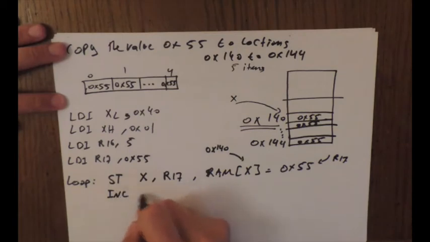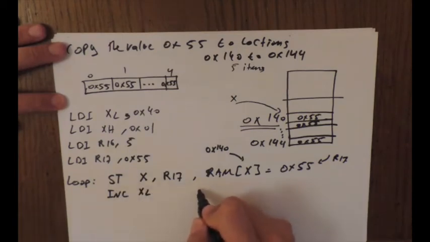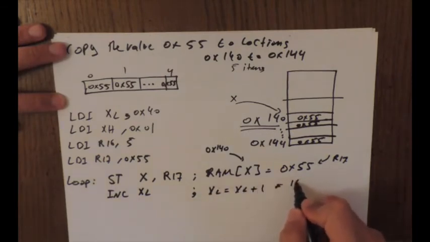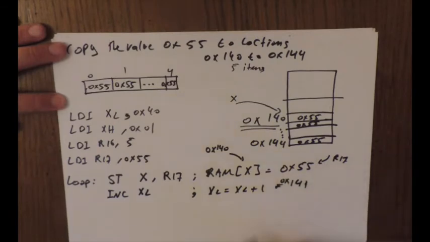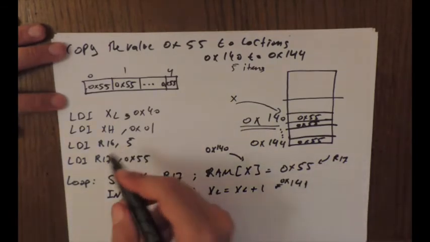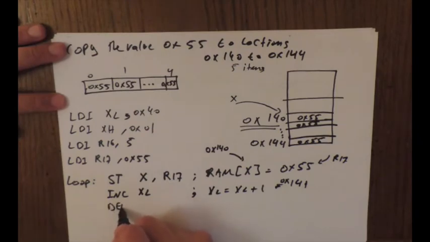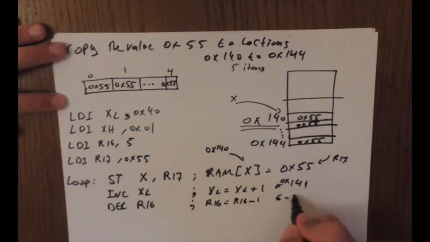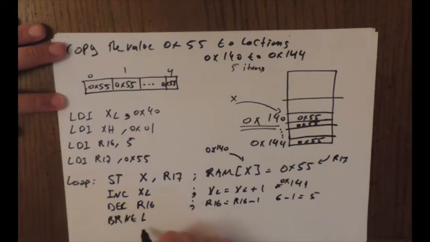I increment x low, and this is saying x low is equal to x low plus 1. In this case it will be 141, and then I decrement R16, which will be equal, in this case, 6 minus 1 equal 5, and then I branch not equal loop.